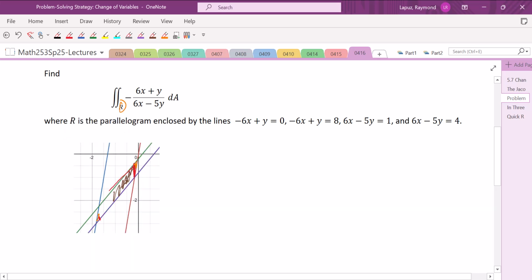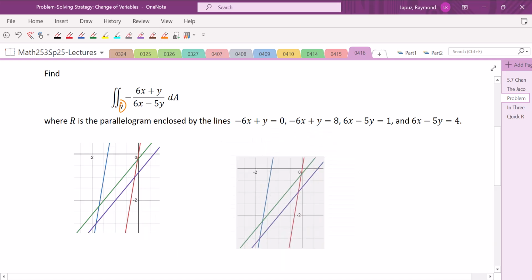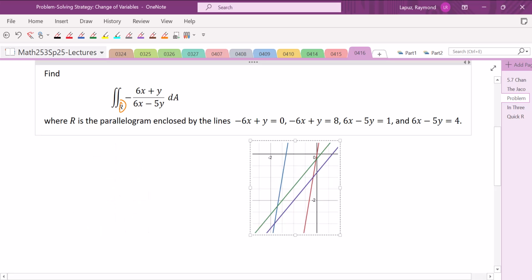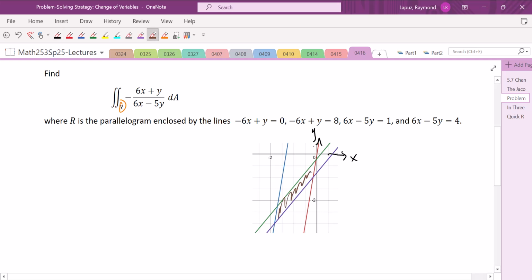Okay, let me erase this so that I can physically move this over here and say that this is my XY space. And then this thing here that was shaded earlier is my region R that I'm integrating over.